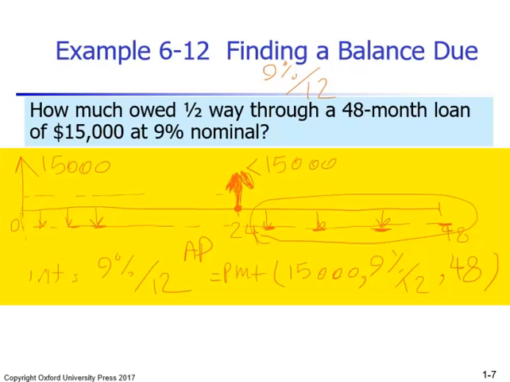You get the payment, and you have 48 payments. Just calculate the present value, because next month would be 1, the month after would be 2, 3, and like that it continues. And the present value of AP for 9% over 12 for 24 months gives you the answer. That was the smartest way to do that. Now, when you get the idea, again, stop the video and try to do it yourself before I show you the final answer.